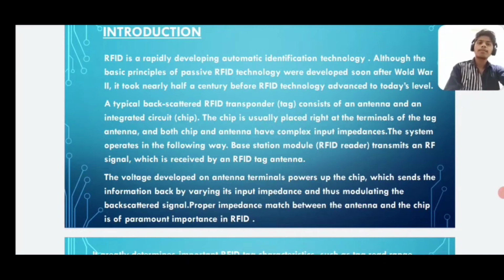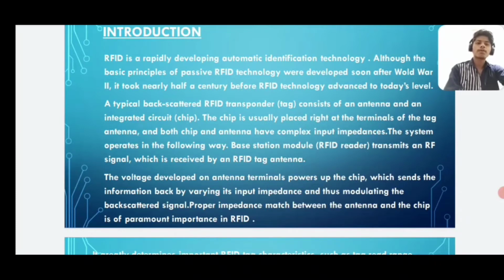A typical backscattered RFID transponder consists of an antenna and an integrated circuit, which is called the chip. The chip is usually placed right at the terminal of the tag antenna, and both chip and antenna have complex input impedance. The system operates in the following way.